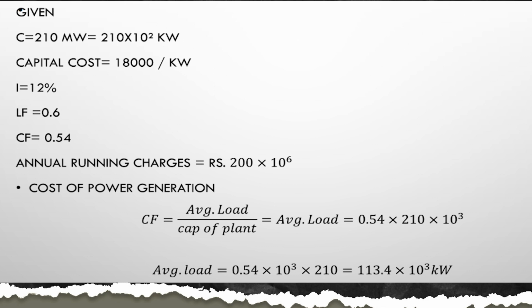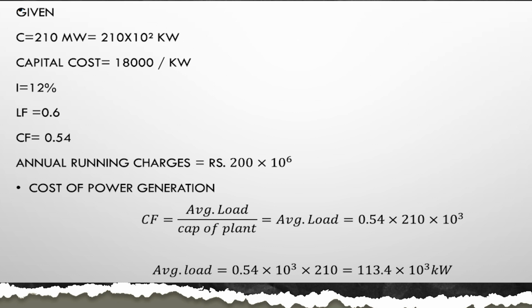First we have to determine the cost of power generation. How can we determine it? As I know, these whole things are for the whole year. I am writing the capacity factor. Capacity factor is equal to the average load to the rated capacity of the plant.